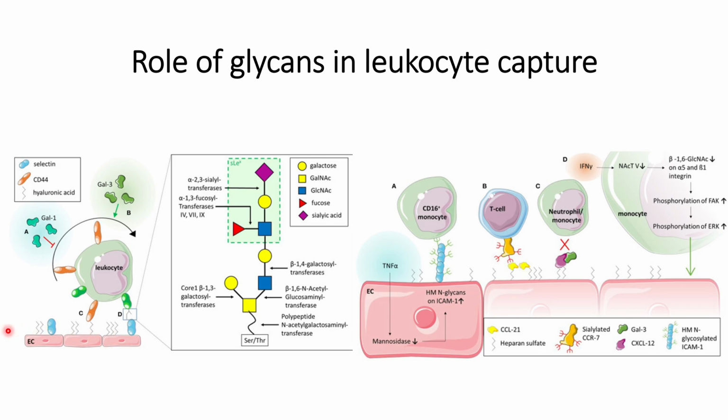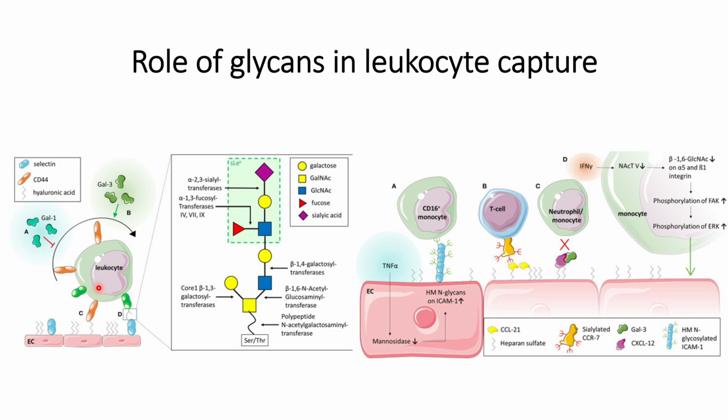At the same time, the endothelial cells also have different cell surface proteins such as selectin and hyaluronic acid. When galectin 1 interacts with these leukocytes, it will inhibit leukocyte capture to the endothelial cells, whereas galectin 3 will support leukocyte capture to the endothelial cells.